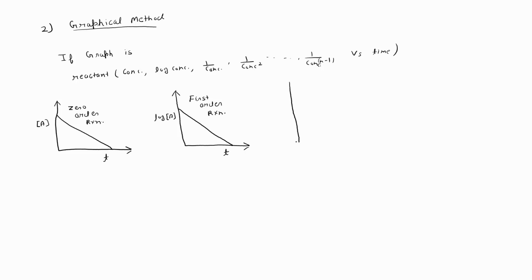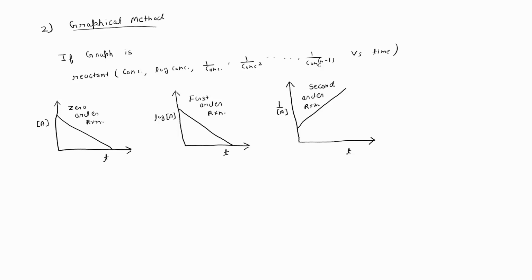If the graph is 1 upon concentration of reactant with respect to time, and it gives a straight line with a positive slope, then it means second order reaction.